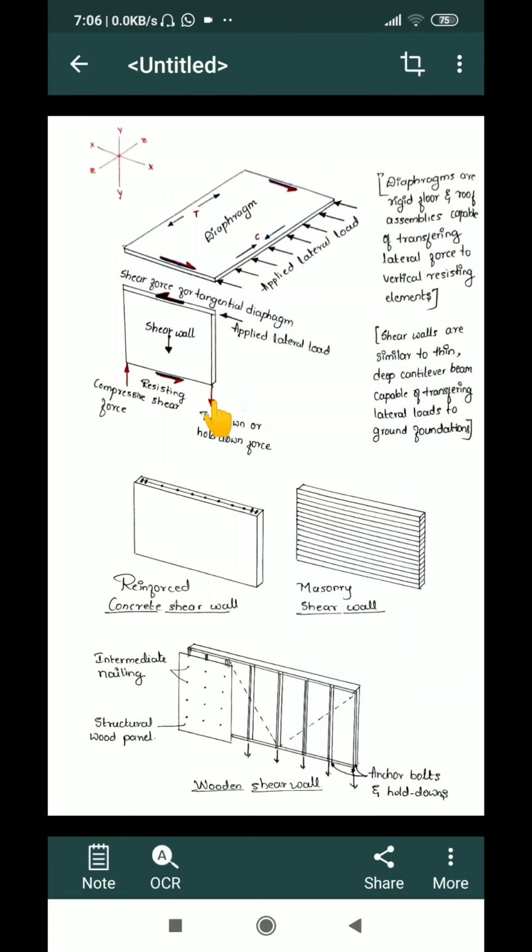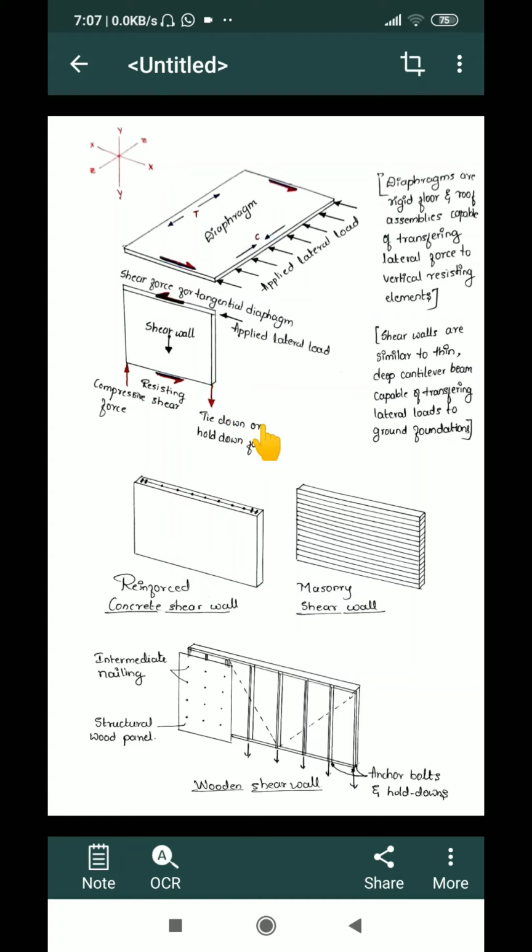Because of this deflection, there is a chance that this end of the wall may get lifted up, whereas this end of the wall may get squeezed down. To make sure that lifting up is not happening, we anchor down, or hold down, the wall so that it can stick to the foundation very firmly.